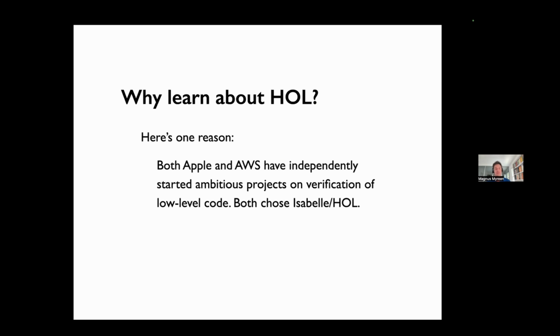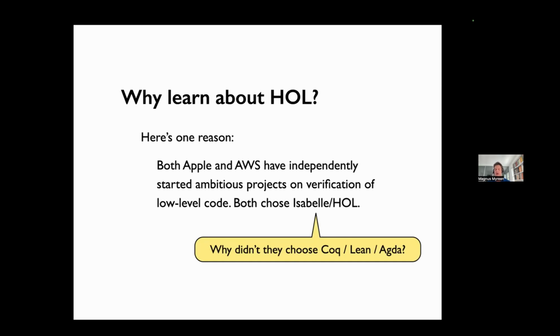Well, here's one reason. Both Apple and AWS have independently started ambitious projects on verification of low-level systems code, and both chose Isabelle HOL. These started, as far as I know, from scratch, so it's not like they needed to be compatible with old code. So then you can ask, why didn't they choose Coq, Lean, or Agda?